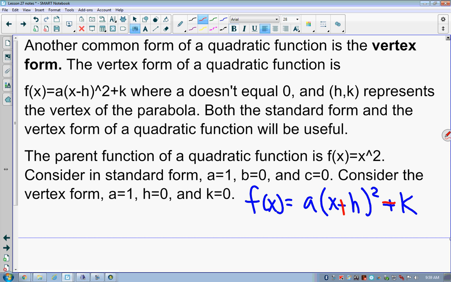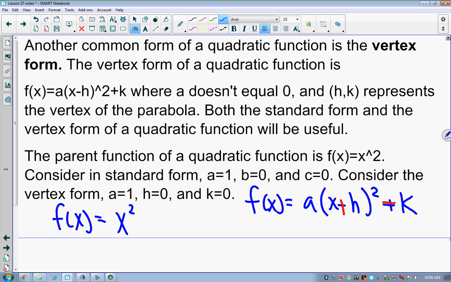All right, so the parent function, which is the very most basic form of a quadratic function, is f of x, or y, equals x squared. The reason that's basic is that it's showing me that my h was 0, so my x coordinate was 0, and my k coordinate, my y coordinate, was 0.